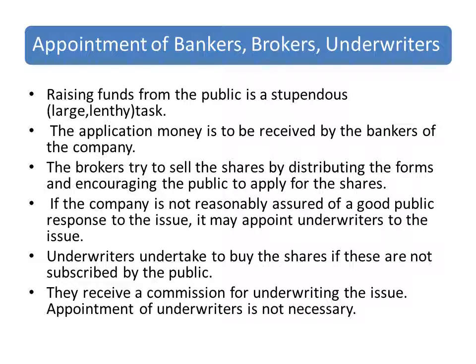A broker sells 5 shares, 6 shares, 50 shares, takes his commission and steps aside. But an underwriter promises that they will sell 100 shares of a company. Now the question is, if the underwriter is not able to sell these 100 shares, and is able to sell only 80 shares, then what about the remaining 20 shares?